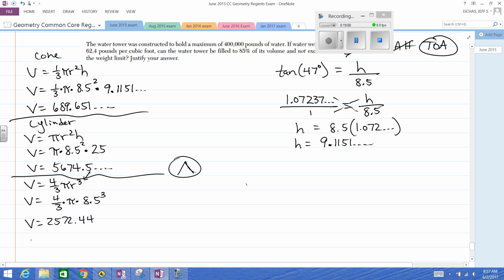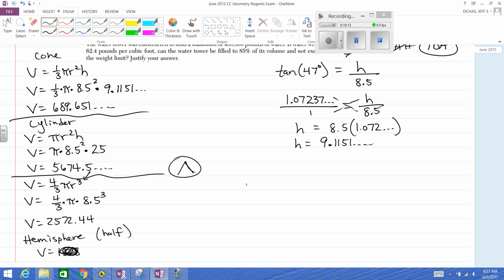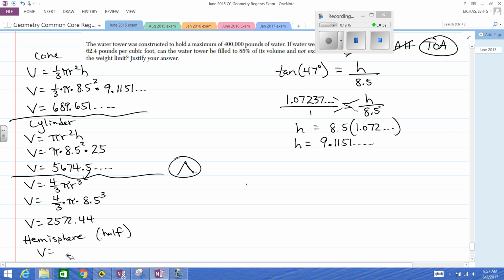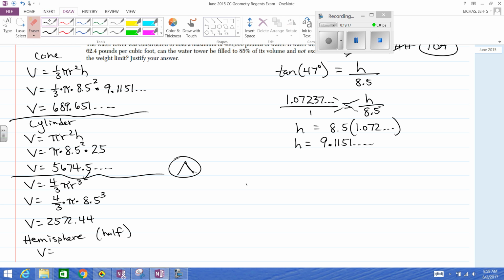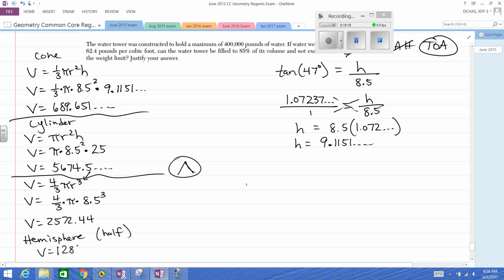Okay, so then the hemisphere, we're going to cut that in half. Okay, so that volume is 1286.22.